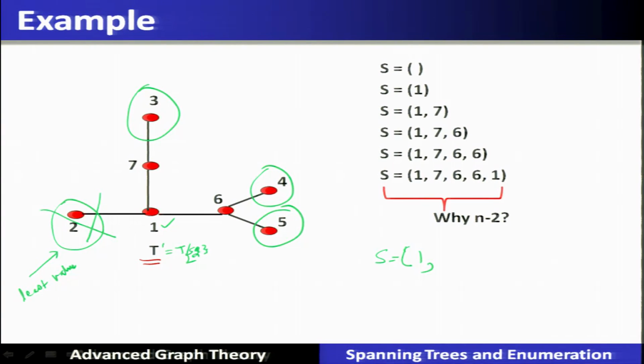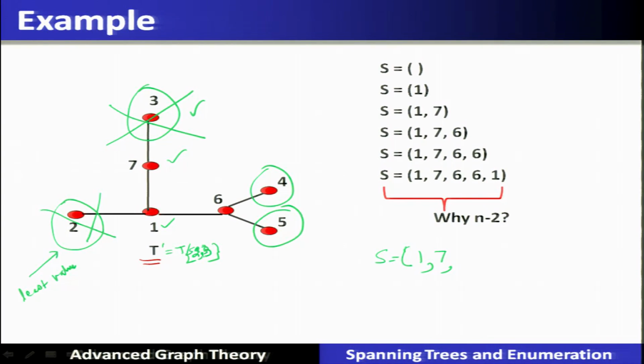So how many other leaves will this tree T prime have? 3, 4, 5. There are 3 different leaves remaining, and the one with the least value is 3. So 3 will be removed, but the neighbor of 3 is 7, so 7 will be added to the sequence S. So 2 and 3 are removed.